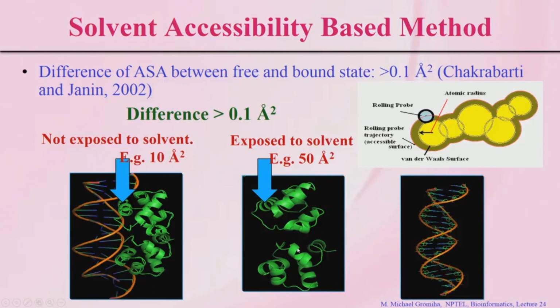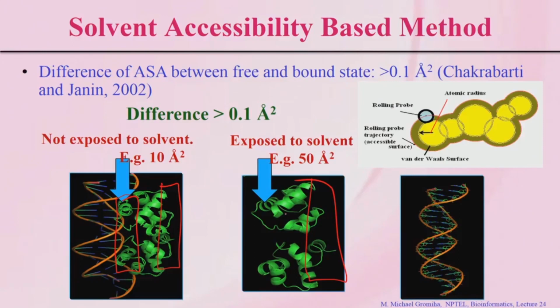So, if you look at these two proteins, if you take some region, for example this region, how will the accessible surface area vary? It does not vary, because it is accessible to solvent here and also accessible to solvent here. In this case you do not see any change. If you take this region, then you can see this is the complex state and this is the unbound state.